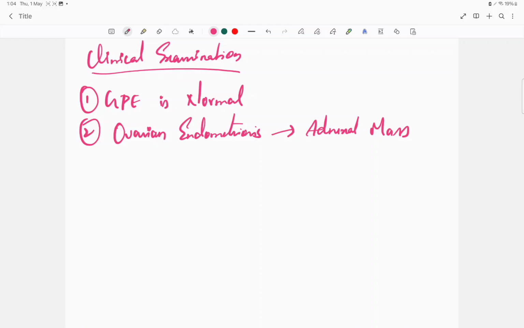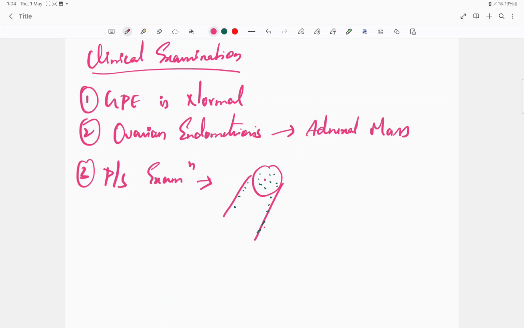Next, on per speculum examination, you can see large bluish black puckered endometriotic lesions on the vulva, vagina and the cervix. So these are the endometriotic lesions present on the vagina, vulva, external genitalia and cervix. This can be seen on per speculum examination.